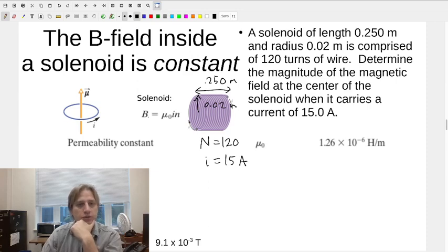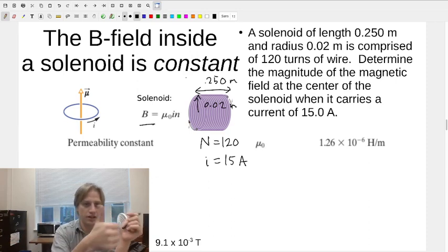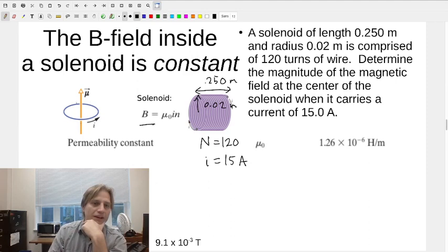Okay, so just two things I want to point out to you on this. One thing, you actually can figure out what direction the magnetic field is pointing inside a solenoid by wrapping the fingers of your right hand around in the direction of the current, and then your thumb will be pointing in the direction of the field. That's sort of like if you consider one loop of current from your magnetic dipole, now you just have a whole bunch of loops of current all stacked on each other.